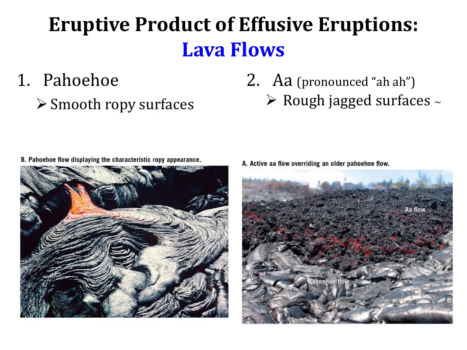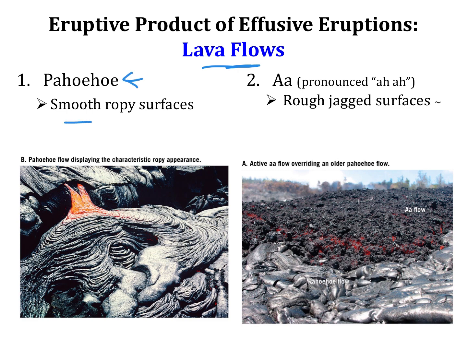There are two types of lava flows. So again, that's the eruptive product of effusive eruptions. And they are very different from each other in the way that they look, and that comes from characteristics of the lava itself. So these were named in Hawaii, so they have Hawaiian names. The first one is called a pahoehoe flow.